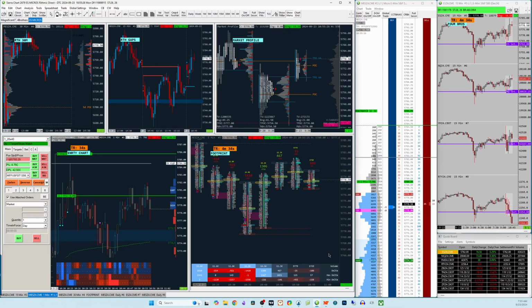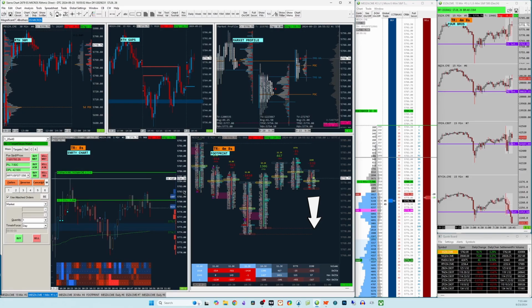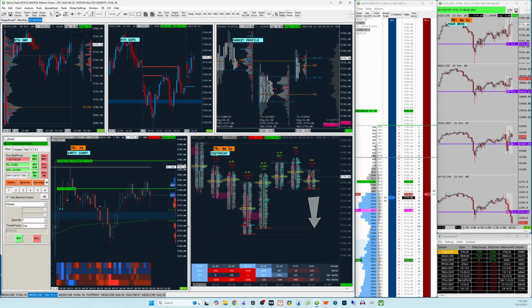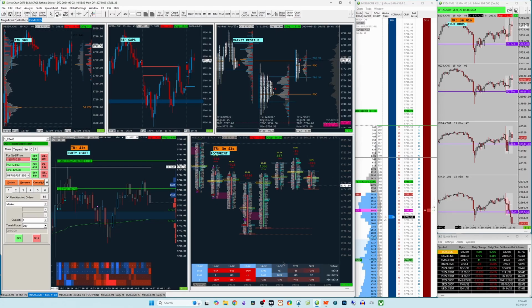I was looking at the footprint chart, thinking that there was some unfinished business down at the 70 area, and I was expecting price to go back to that area where it had been previously. Also looking at the ladder where the volume nodes were sitting, and typically when the price goes up very fast, it ends up coming back and retracing to where it was before.